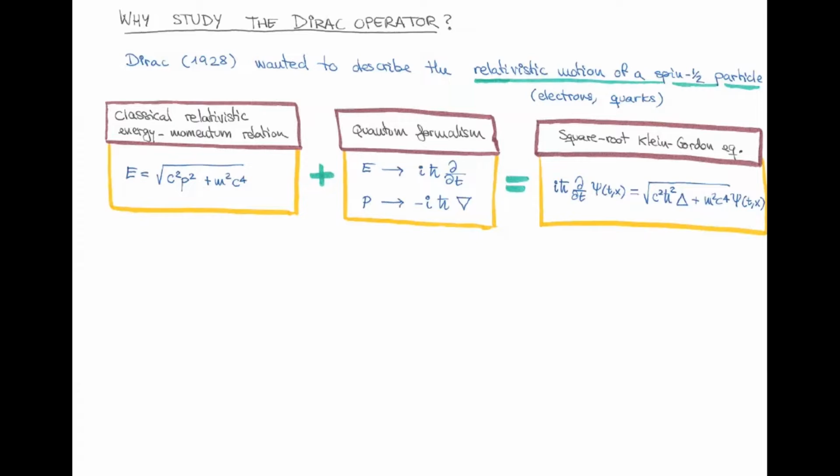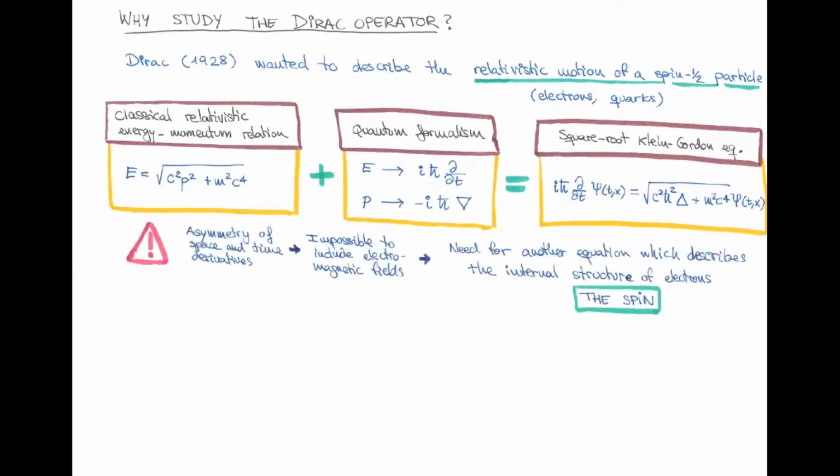But if you do this, you end up with a non-local operator, if you take this square root in Fourier space, for instance. This was not suitable for the models that Dirac wanted to describe, and there were also other implications. The important thing is that he wanted to describe this property of particles, the spin, and he wanted a model that described this.